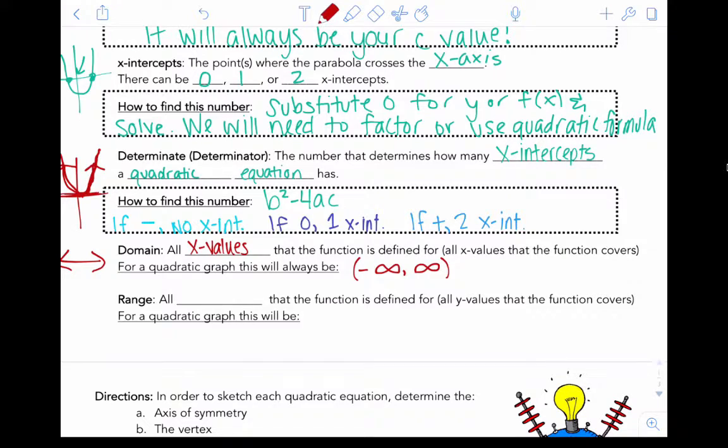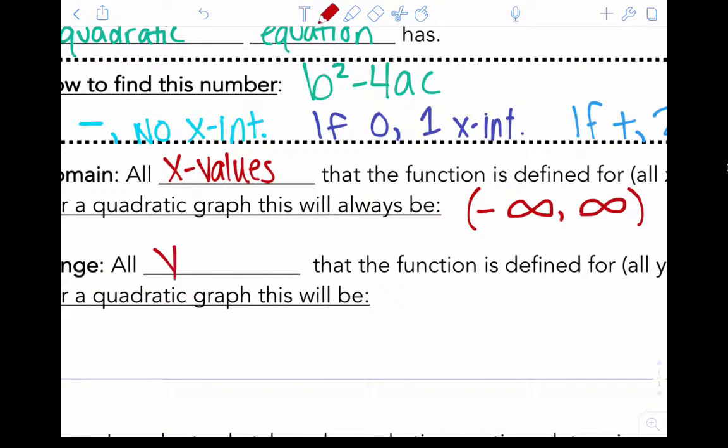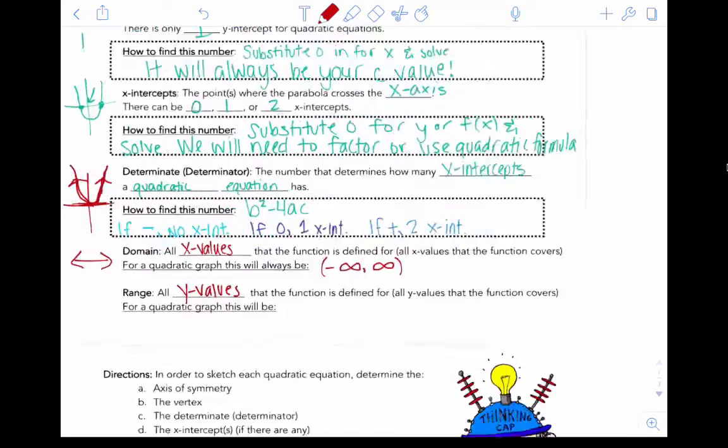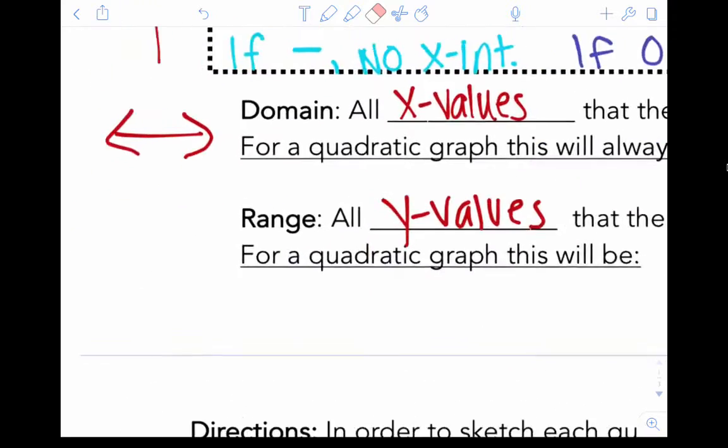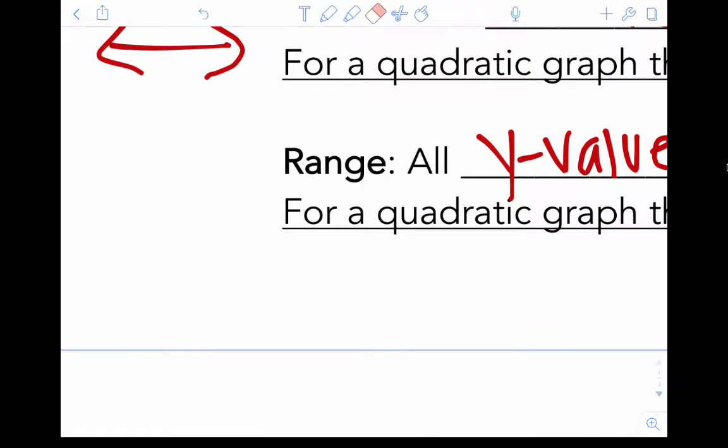Now the range is all the y values. So it's all the y values that the function is defined for. In other words, it's all the y values that the function covers. Well, we have two options here, because for range, we're looking up and down since it's y values.